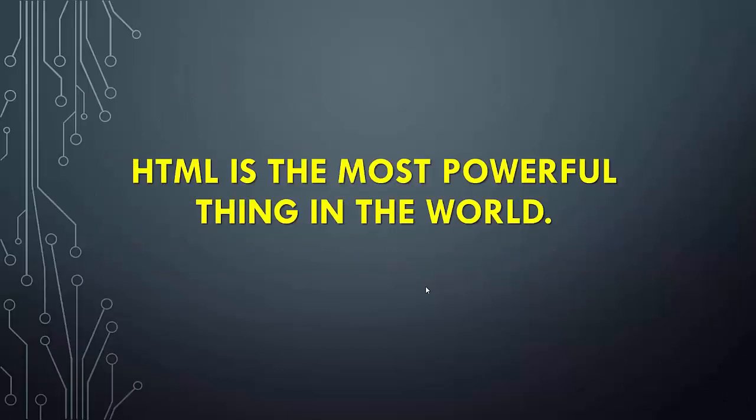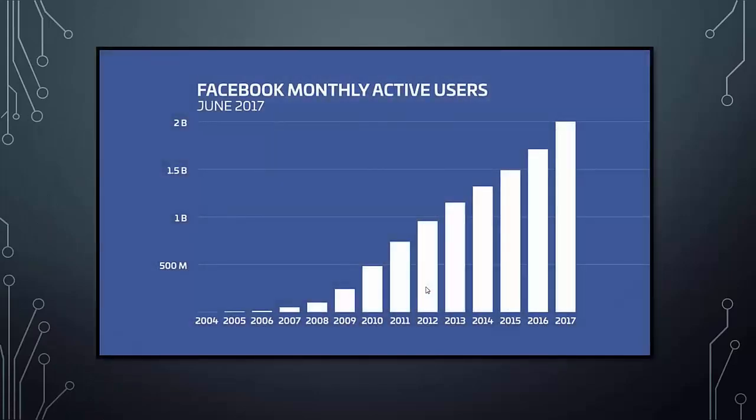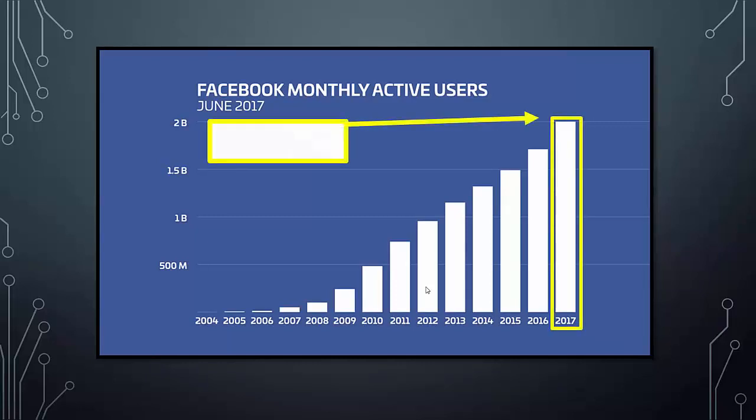So let's start off with: HTML is the most powerful thing in the world. I want you to think about that for a second. Why that might be. You might be asking yourself, what does that mean? Well, to explain, for example, Facebook, a website built on the foundation of HTML, has over 2 billion monthly active users, making it the most populous group of people in the world doing a single thing.